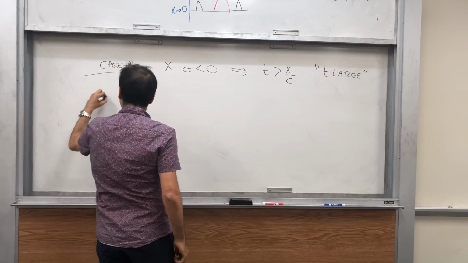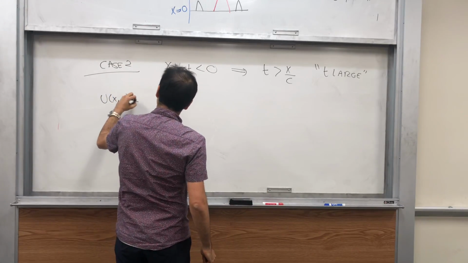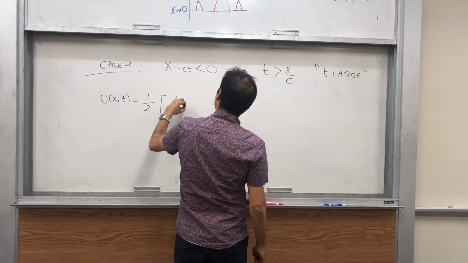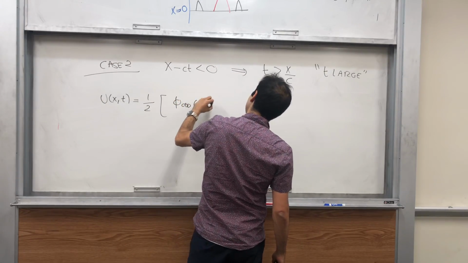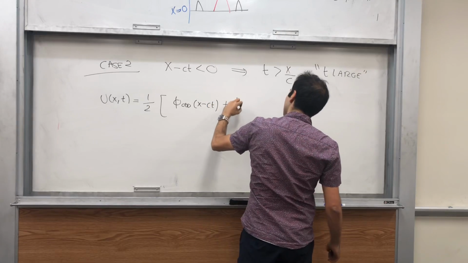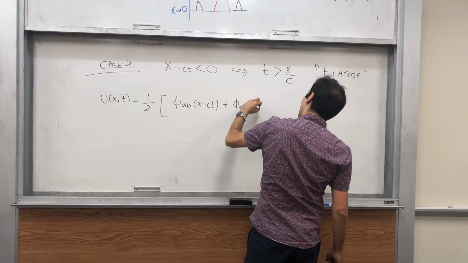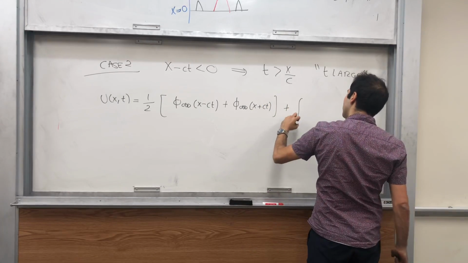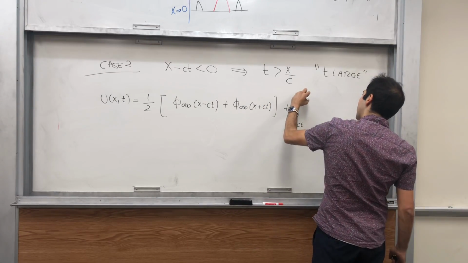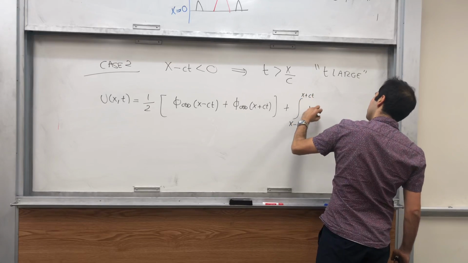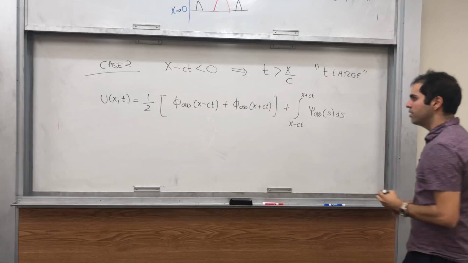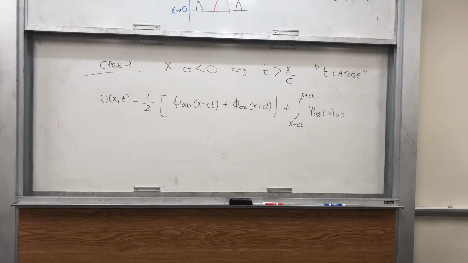Then u of x,t is 1/2 of phi odd of x minus ct plus phi odd of x plus ct, plus 1/2c integral from x minus ct to x plus ct of psi odd of s ds.